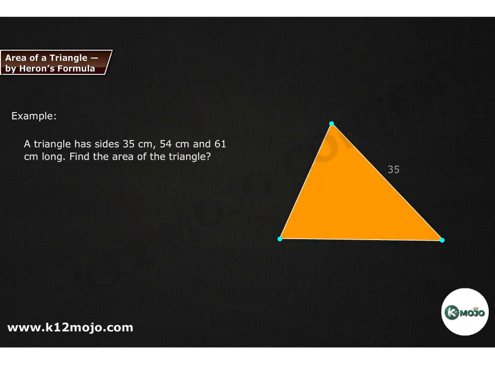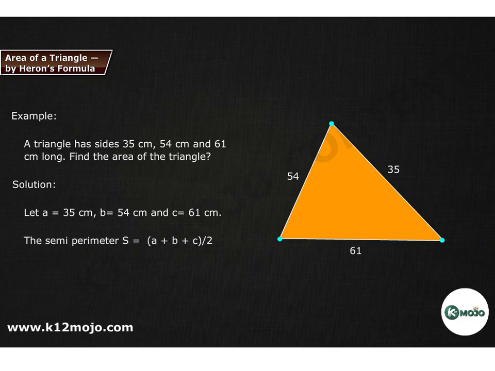Let us understand it with the help of an example. Example: a triangle has sides 35 cm, 54 cm and 61 cm long. Find the area of the triangle. Solution: let A is equal to 35 cm, B is equal to 54 cm and C is equal to 61 cm.